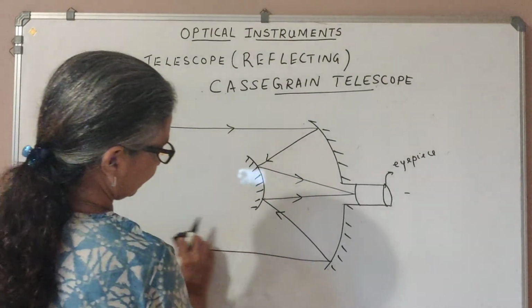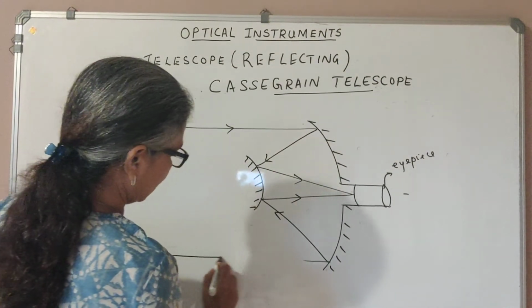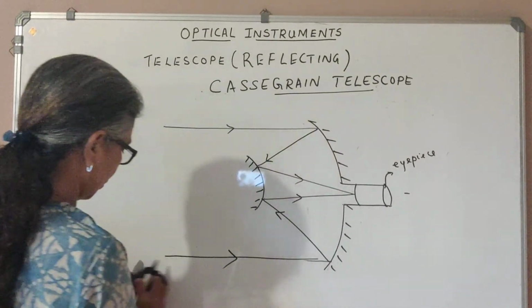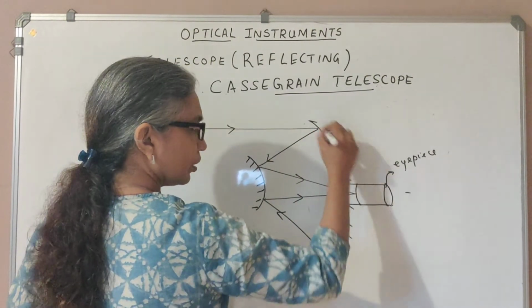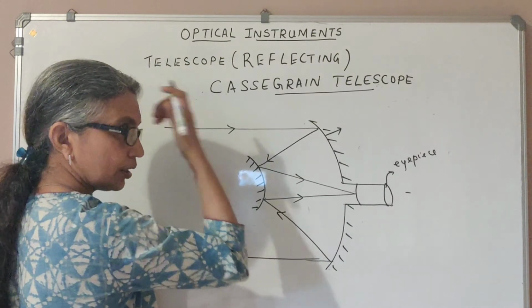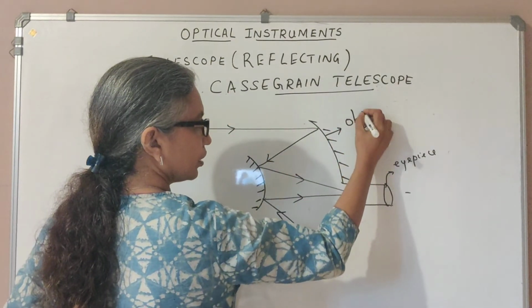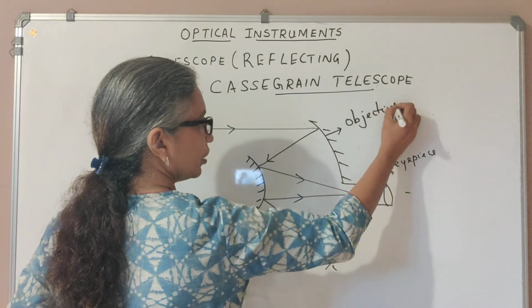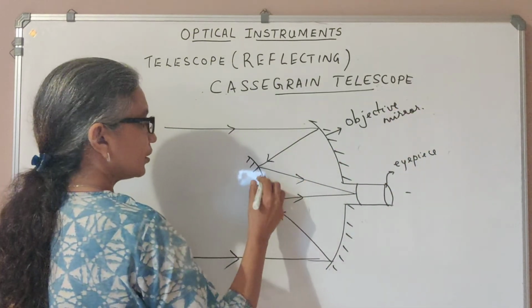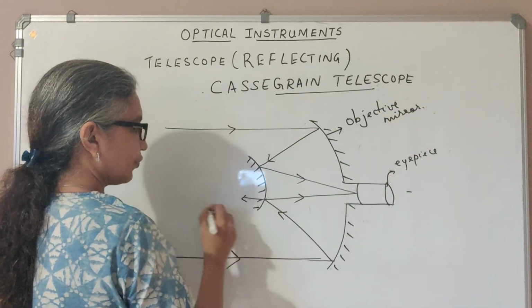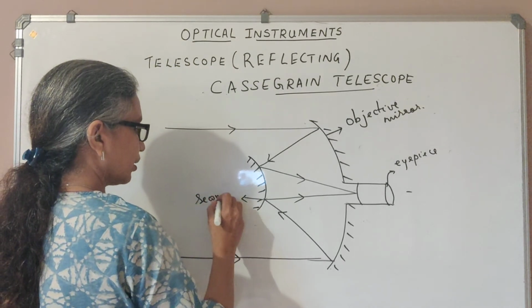These are the parallel rays that come from the object. The large concave mirror is called the objective mirror, and this convex mirror that we have is called the secondary mirror.